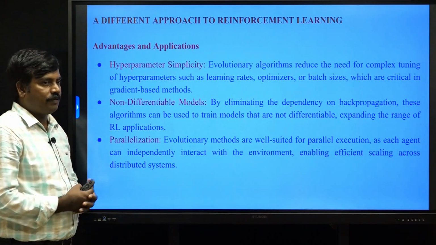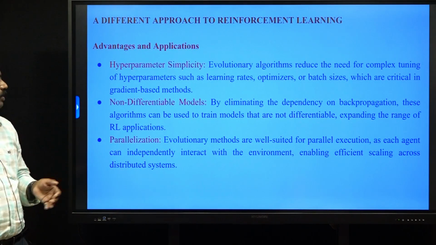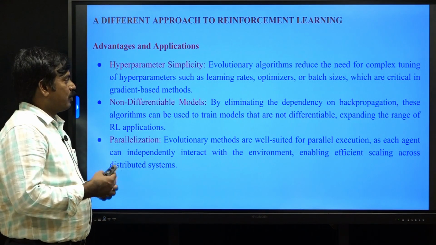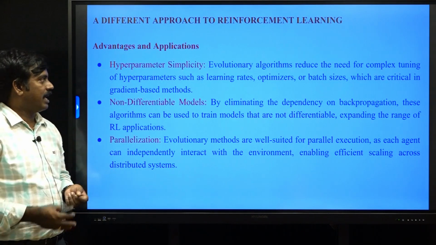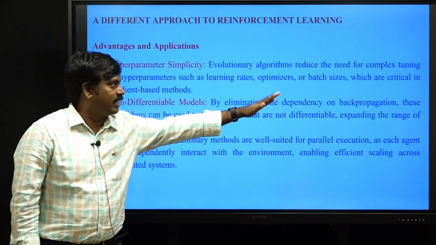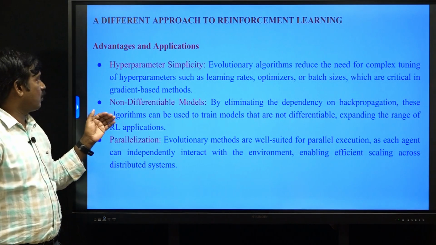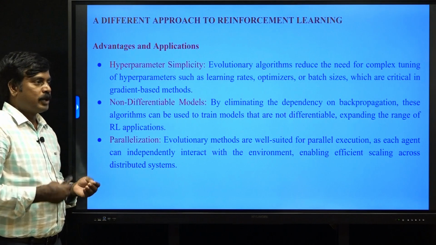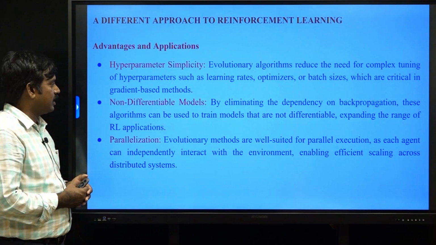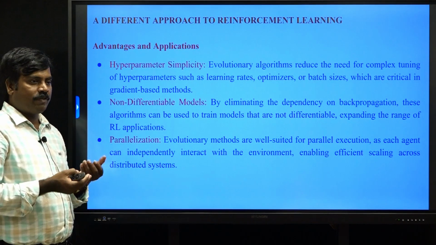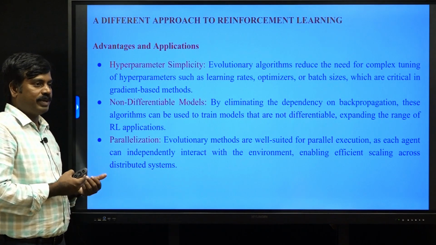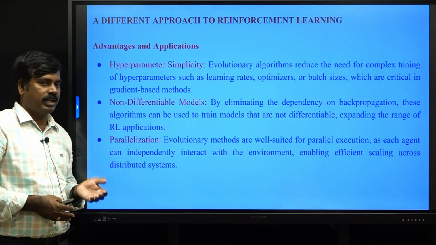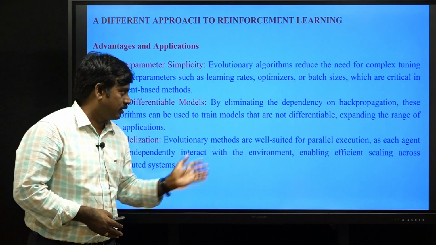Next, what are the advantages of evolutionary algorithms? They do not require fine-tuning hyperparameters like learning rate, optimizers, and batch sizes. Next, it is a gradient and backward propagation free method, so it works with non-differentiable models.